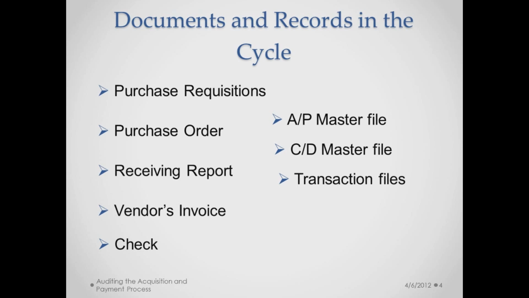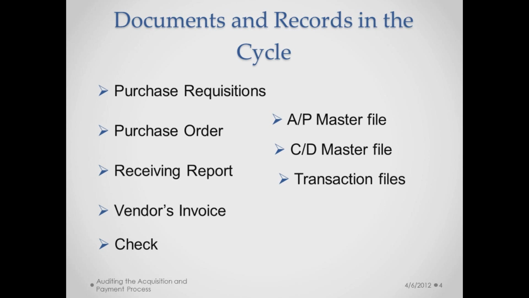So if a company has that level of control and they have purchase requisitions, they become important to the process because they commit the company, in the sense that a purchase order is usually sent to a vendor to solicit purchase of those goods.